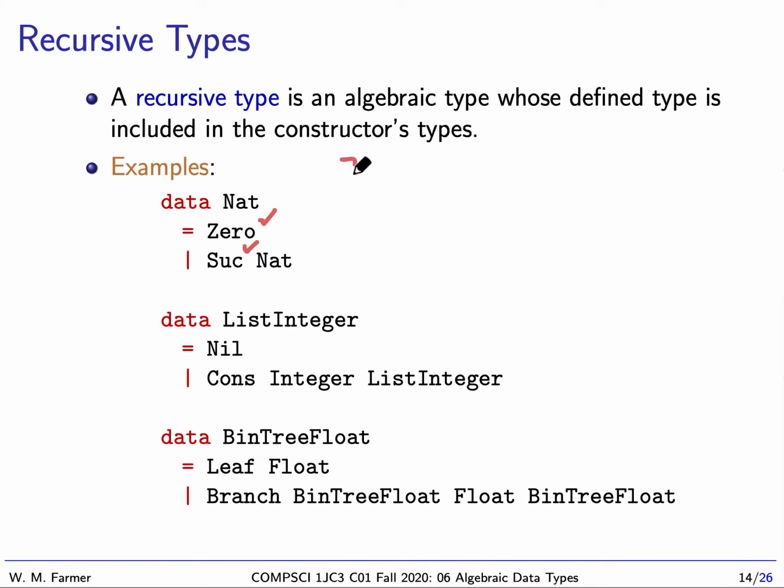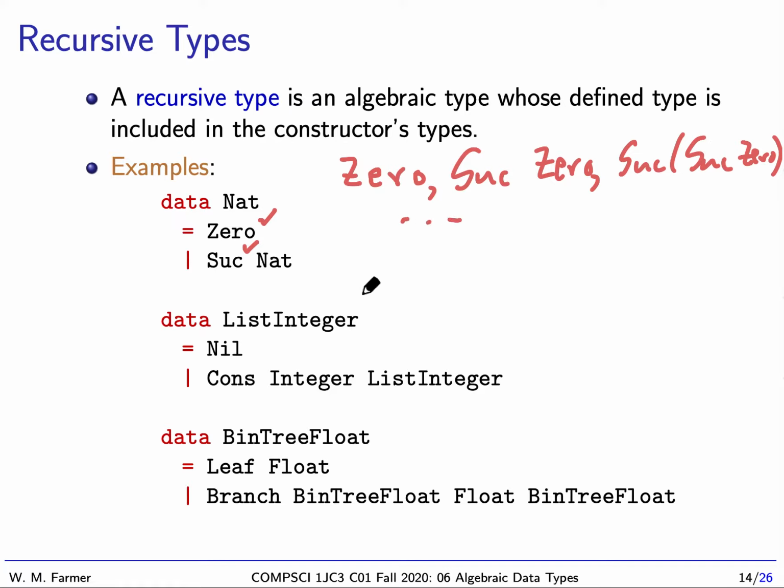So if I write out the values, we start with 0. We have suc 0. We have suc suc 0 like this. And so forth. And these values represent the natural numbers.